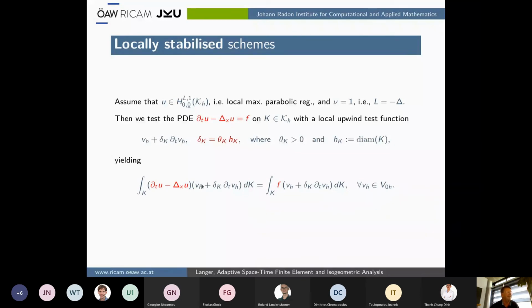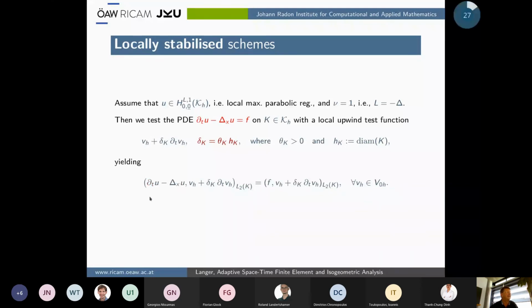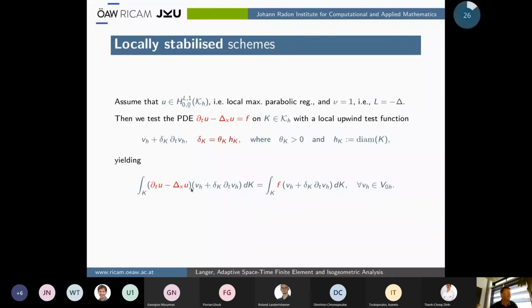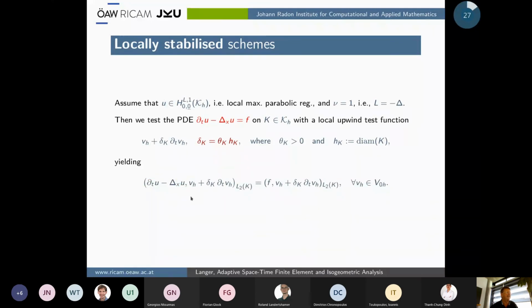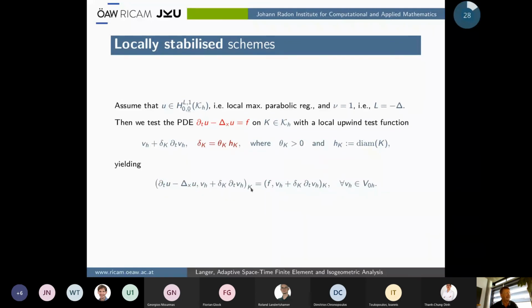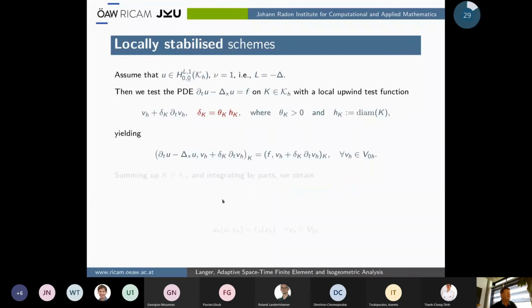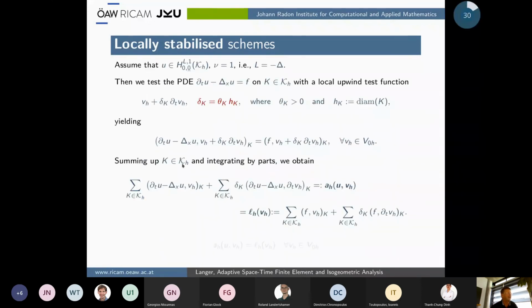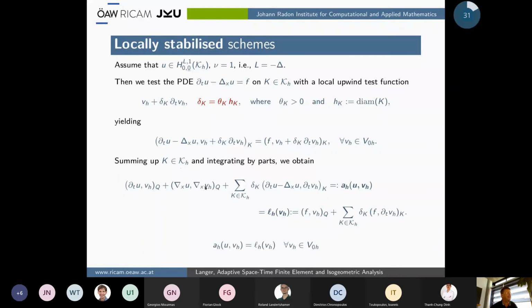So when I multiply this, integrate over the parent element, then I use the abbreviation for this integral, this is the L2 inner product, and then I omit the L2, so I have the index K with the integral over K. So then I sum up over all elements, and then I do integration by parts, only here.